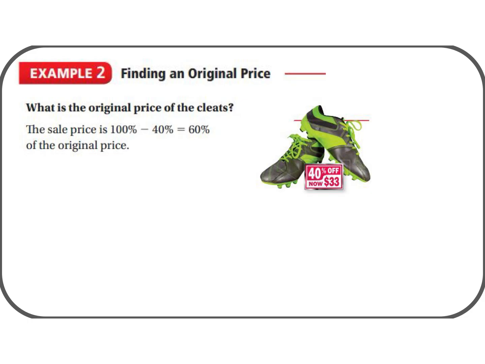Okay, so when it says now 33, that means this is my sale price. This is what I would pay now after a 40% off coupon. So if I know my original price would have been 100% of the cost, and I applied a 40% discount, or I took away 40% of that price, that means I paid only 60% of the original price.